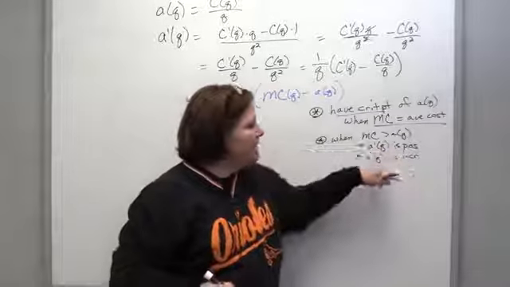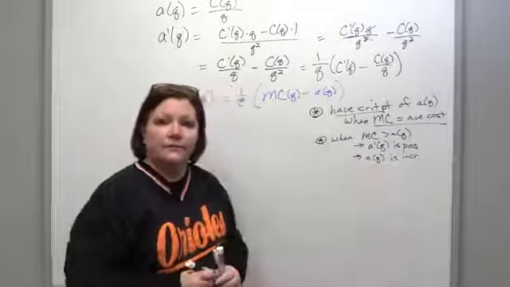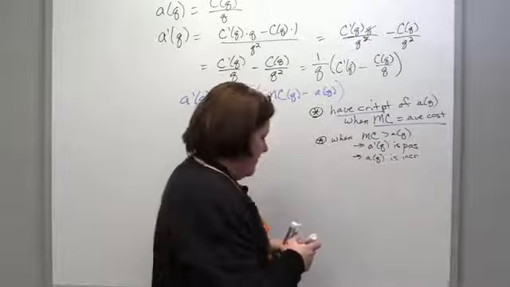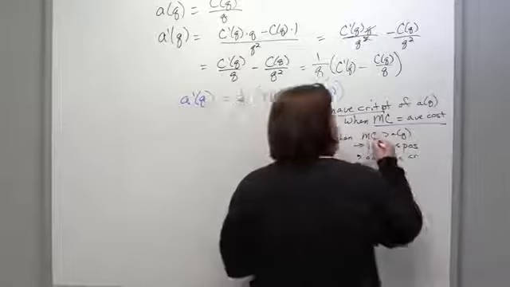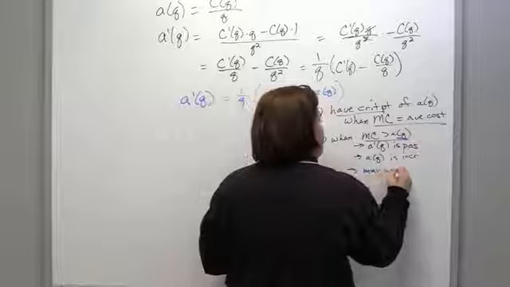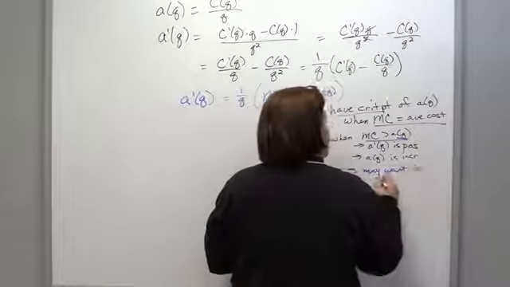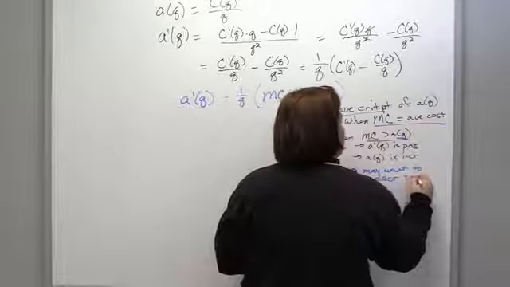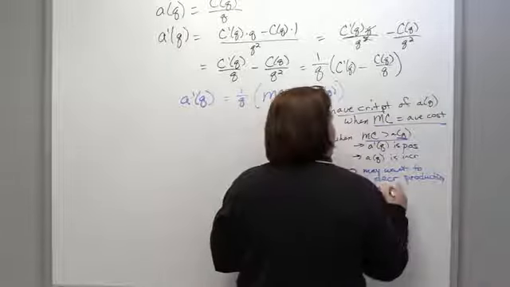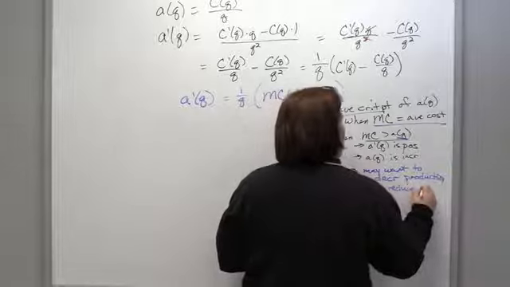When A prime is positive, A is increasing. So this gives us the idea that we may want to decrease production to reduce our average cost.